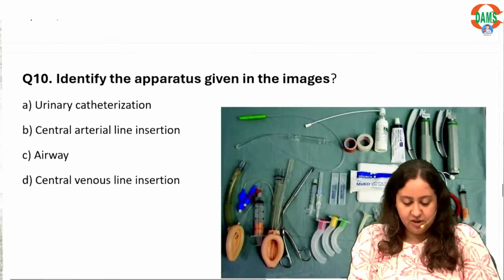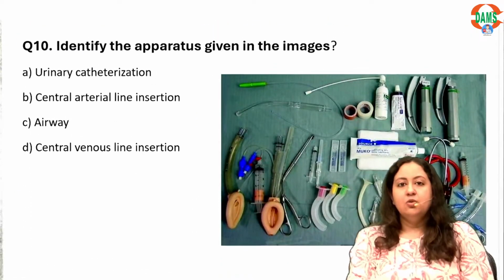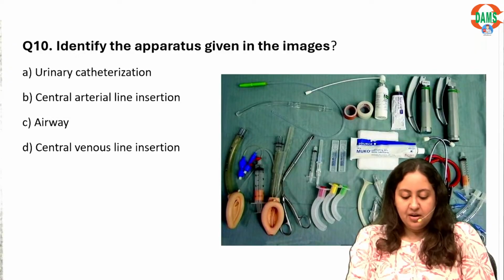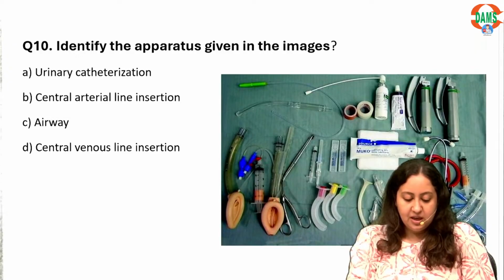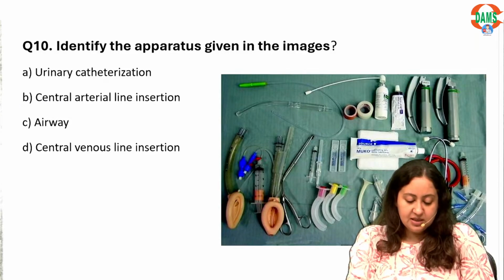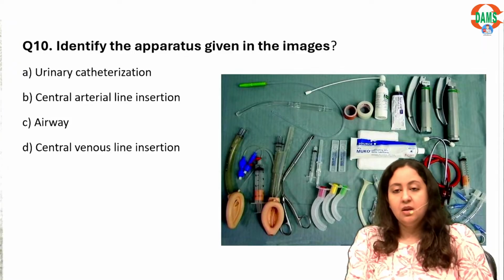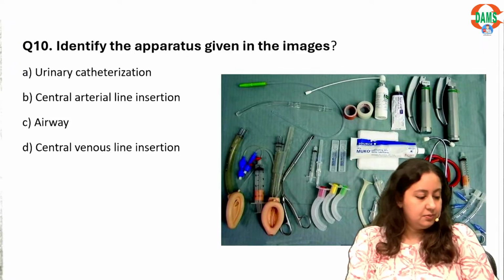Okay, very good, Nikesh. Coming to question number 10, please identify the apparatus given in the images. A is urinary catheterization, B central arterial line insertion, C airway, D central venous line insertion. What would be your answer here?